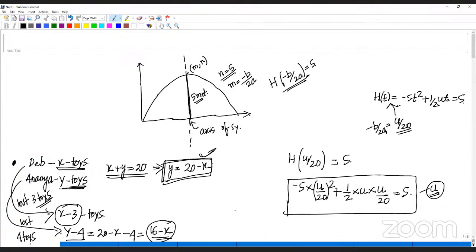From here, you are getting y equal to 20 minus x, right? Yes, sir. So 20 minus x minus 4, right? Y minus 4. So what I'm basically doing is replacing, substituting 20 minus x in the place of y, because they're the same, right?